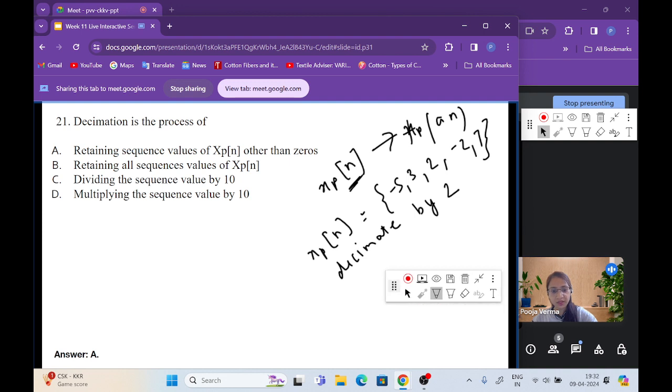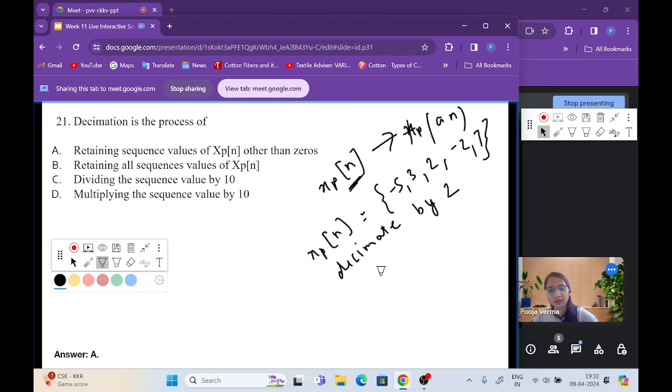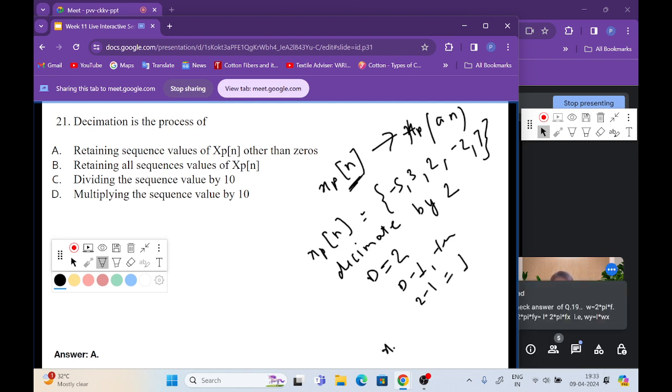The decimation factor D is given as 2. So we have to remove between these sequences D minus 1 terms, right? So D is 2 minus 1, that is 1 term we have to remove between these sequences in order to decimate. So the new sequence we will get is 5, then 2, then 7.